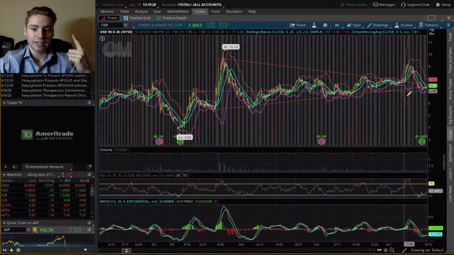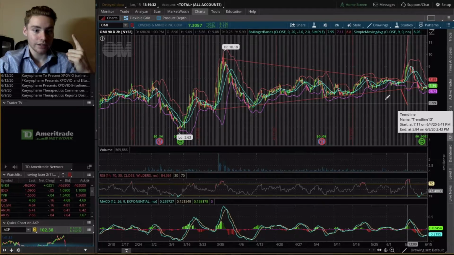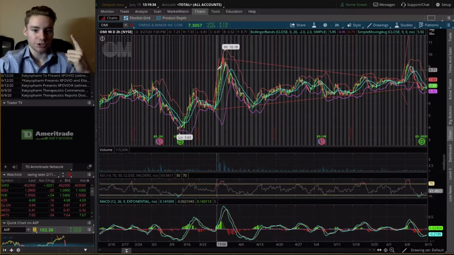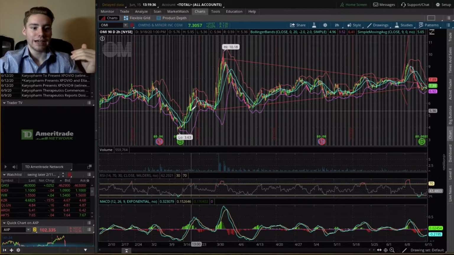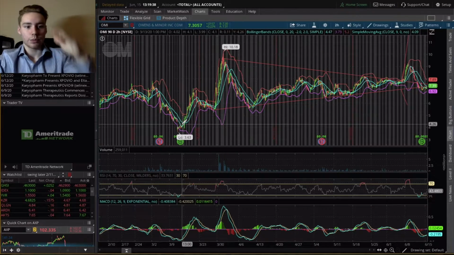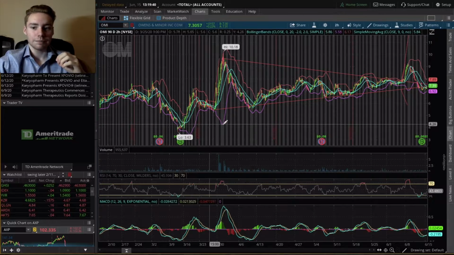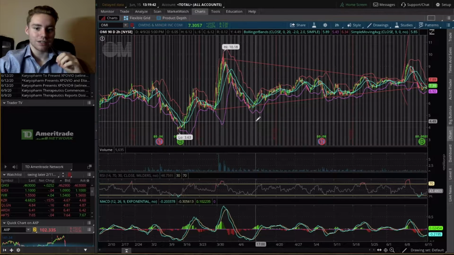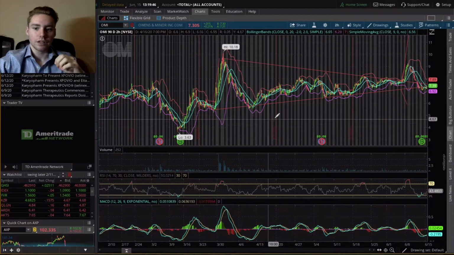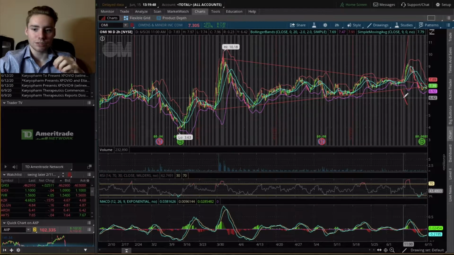So it could have made the exact same move downward. Again, while this is a bullish move because it came from the downside up, it had an upward spike initially. That does not necessarily mean that it is guaranteed to be bullish. So this could just as easily break down.